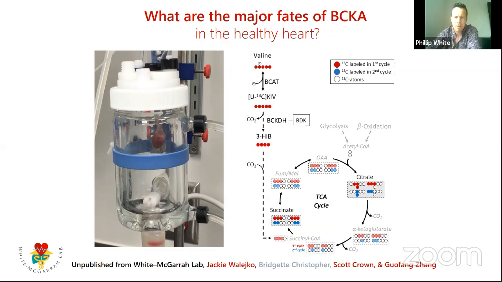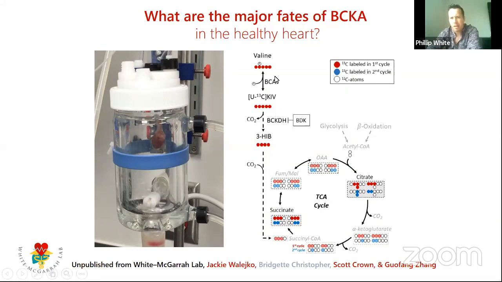The way we went about doing this is by employing a Langendorff perfusion system with stable isotope labeling of the keto acid from valine, keto isovalerate. We also did similar experiments with the keto acid from leucine, which yielded similar results. The neat thing about keto isovalerate is there is a downstream metabolite that's unique to this pathway, 3-HIB, identified by Zoltan Arany's group and Chol-Soon Yang, which isn't CoA labeled and can promote fatty acid entry, but can also be exported from the pathway.